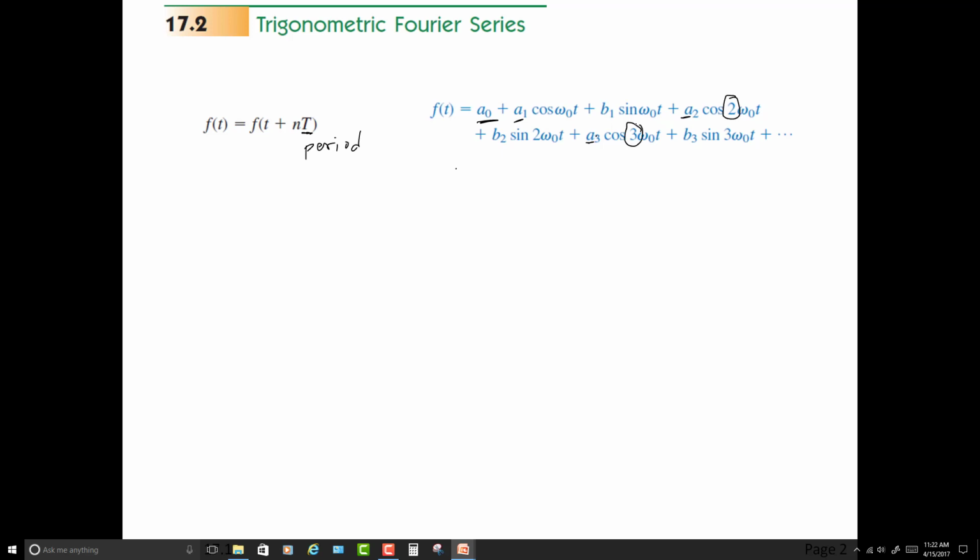A3 has 3 times omega 0. Same with the sine portions. B is our coefficient, and the 1 goes with a 1 here, and 2 goes with 2 here. Okay, so these multiples are always integer multiples. And they are harmonics.